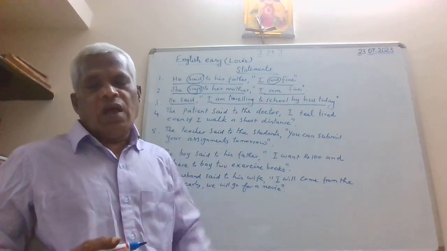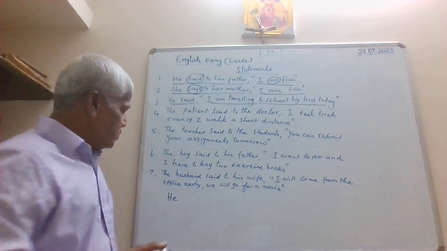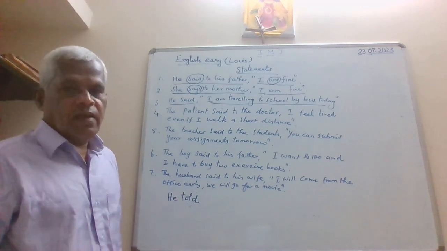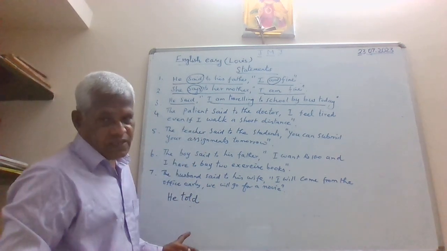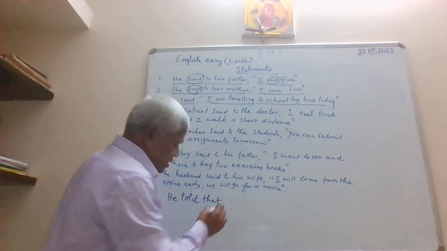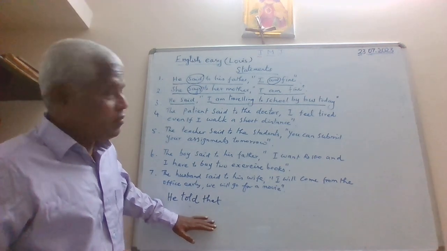Those are two big words, so we'll try to restrict ourselves to told or informed. So he told. What is next? That. Remember to add the conjunction word that. So we are completed with the portion outside the inverted commas.